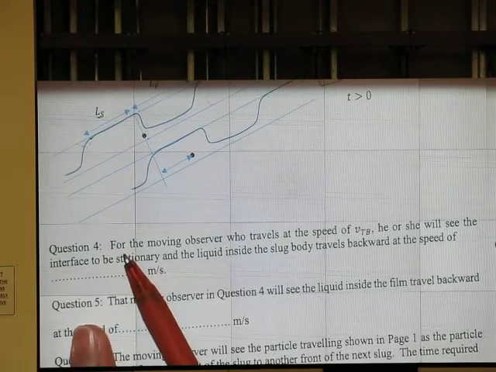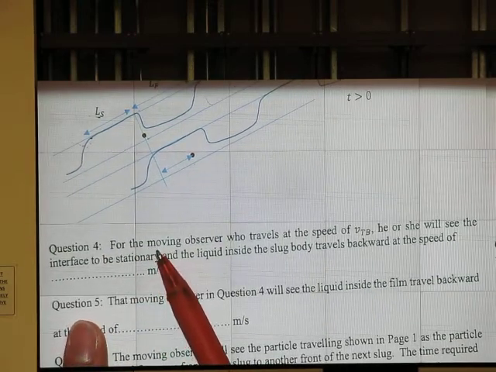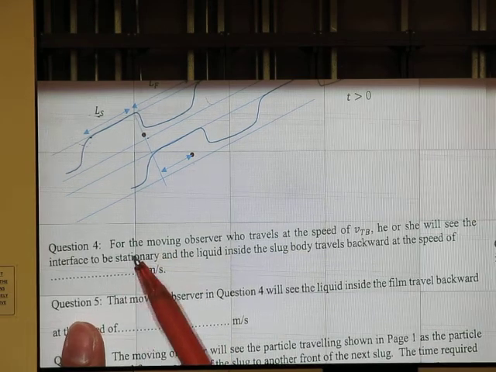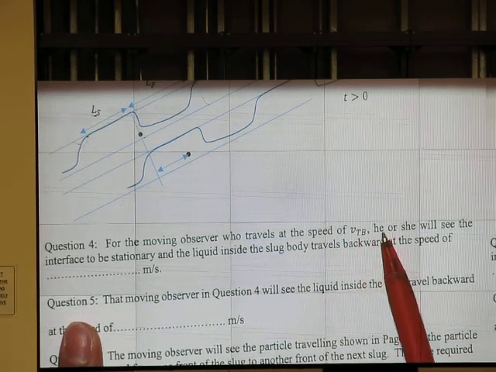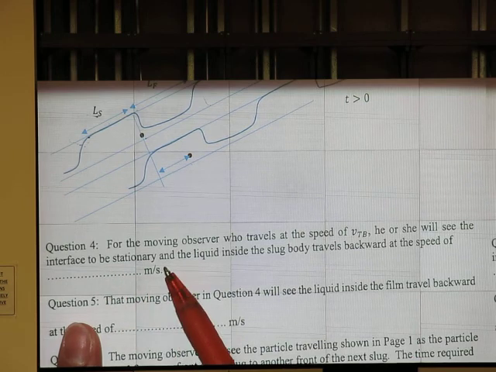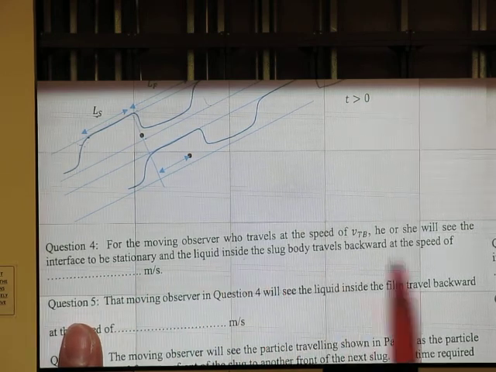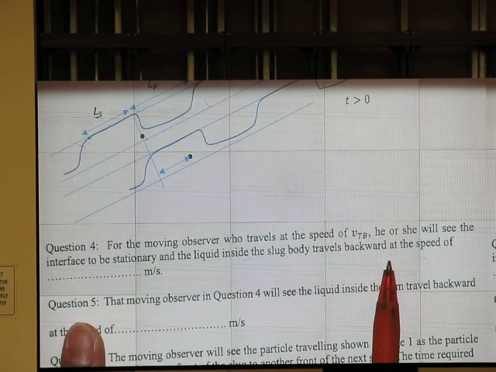Question 4. For the moving observer, okay, next to Stuart. Is it Stuart? Okay, Stuart. For the moving observer who travels at the speed of VTB, he or she will see the interface to be stationary, and the liquid inside the slug body travels backward. You get that?